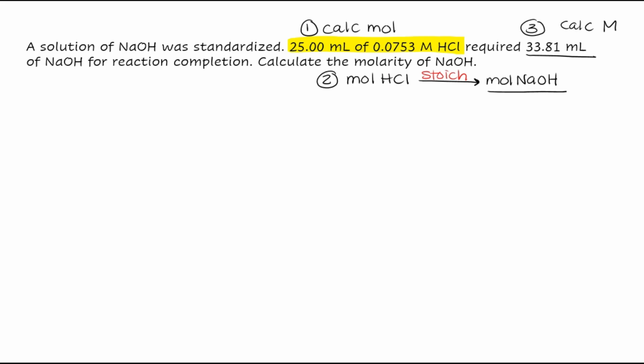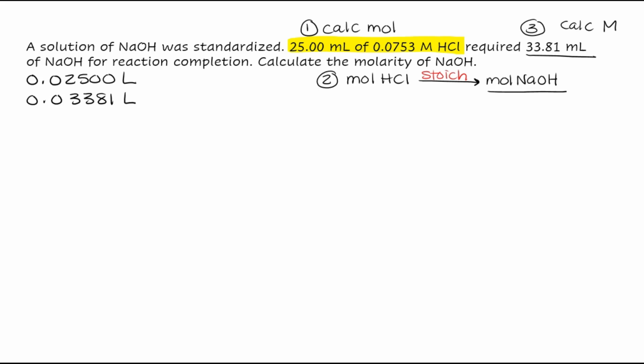So our 25 mL is going to be 0.02500 liters. Make sure to include all significant figures. And then our second volume is 0.03381 liters.